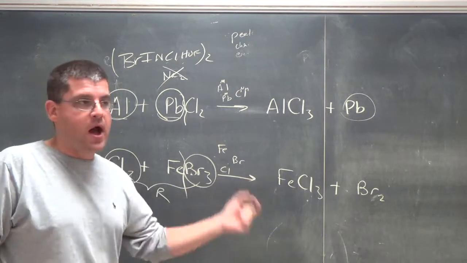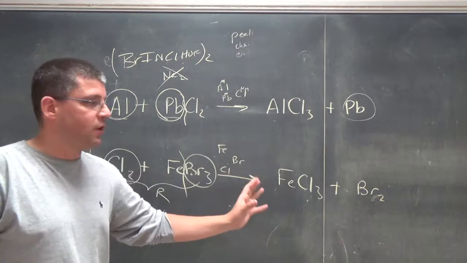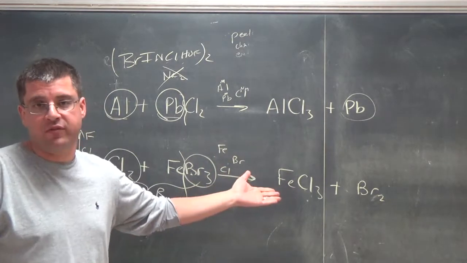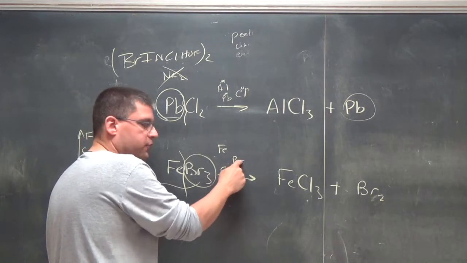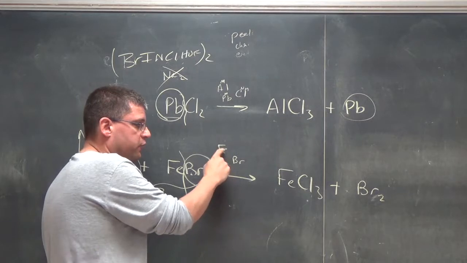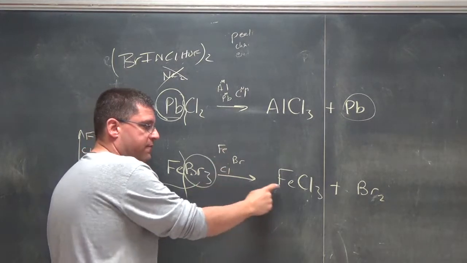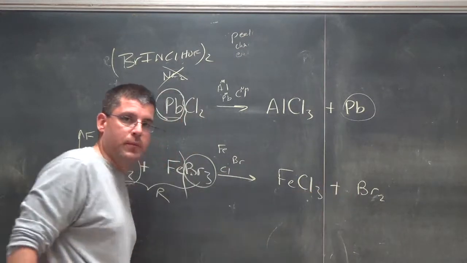Now we got to form new bonds, and energy will be released. And we just learned that the energy level goes down because bonds are forming. It's an exothermic process. So overall, we ask ourselves, can we make this? Not really. What you make is this, an ionic compound, our salt, FeCl3, plus diatomic bromine.